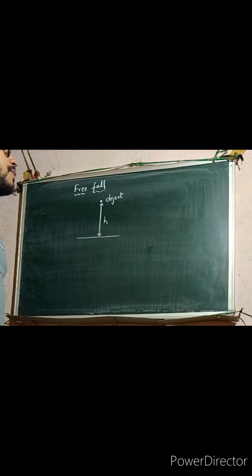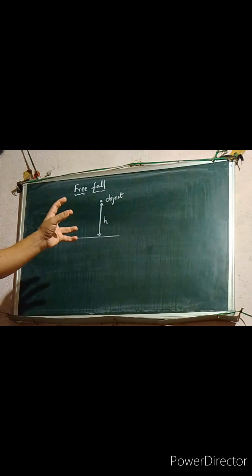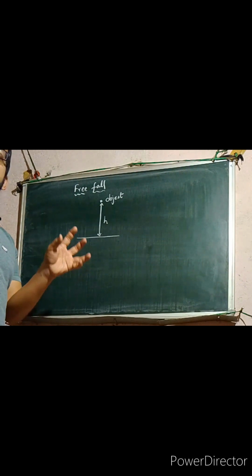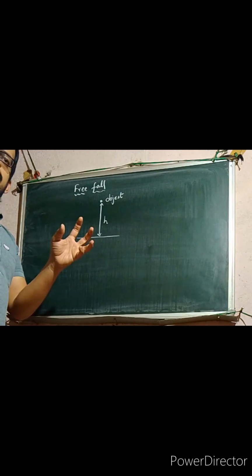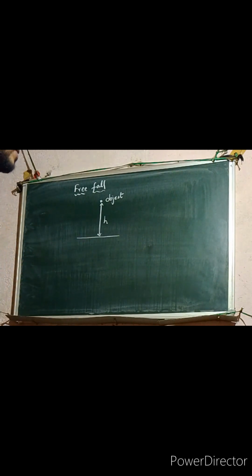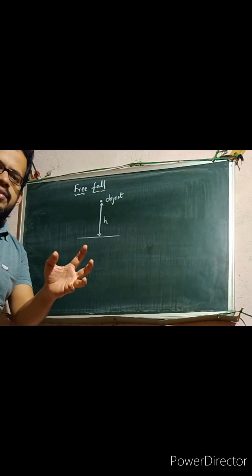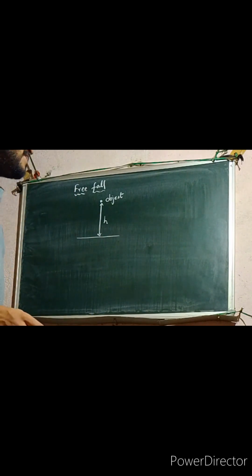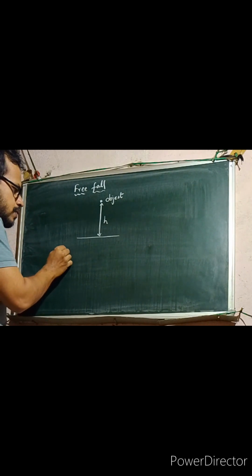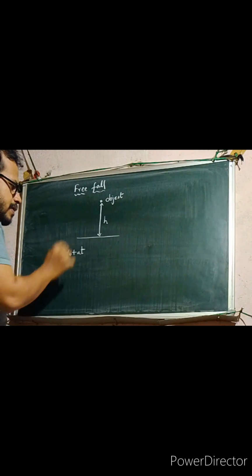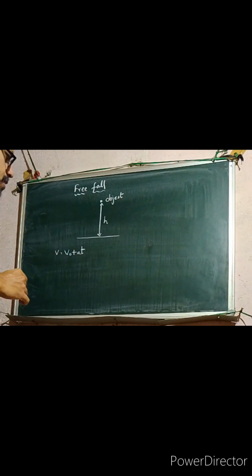So what we'll do is we will just consider the three equations of motion. So far we already derived those three equations of motion. Which are the three equations of motion? They are v equal to v naught plus at, that is the first equation.